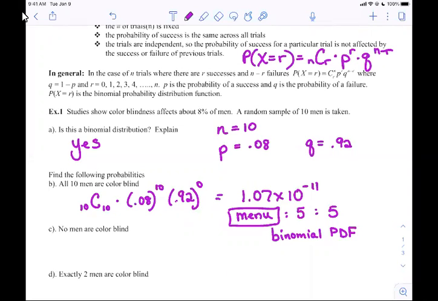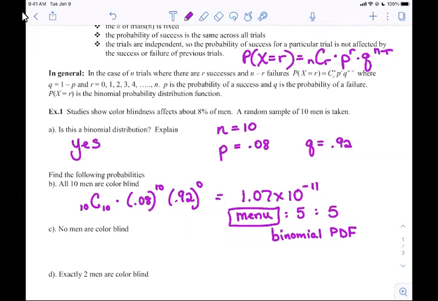So again, you open a blank document, press menu. 5 is, I think, probability. 5 is distribution. And then you scroll all the way down until you see binomial PDF. Yeah, blank document, you mean calculator. Just not a graph or a table. So you're going to click binomial PDF.